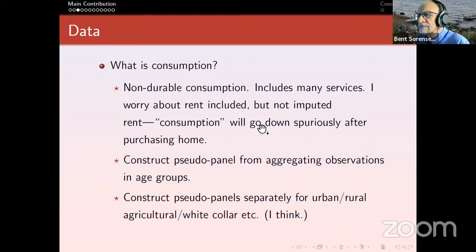Because instead of paying to a landlord, I'm, in economic terms, paying to myself. So I'd like to know a little bit about how much rent matters for these things. In any event, the pseudo panels are constructed by aggregating observations from age groups.